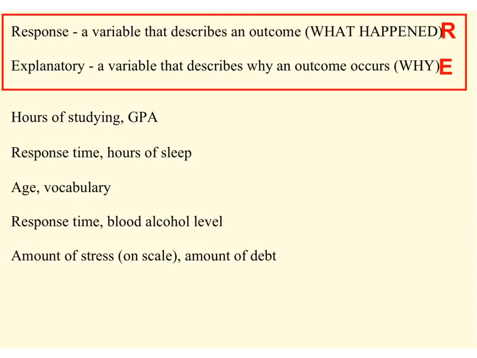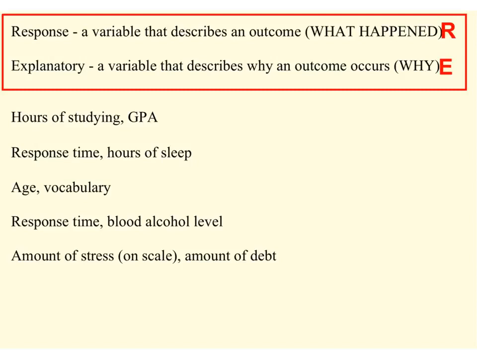A piece of data that I've collected that I'm going to talk about in the next video is the number of miles a student lives away from school and how long the student takes to drive to school. The number of miles would explain why it took so long to get to school. So the explanatory is why, the response is the outcome.